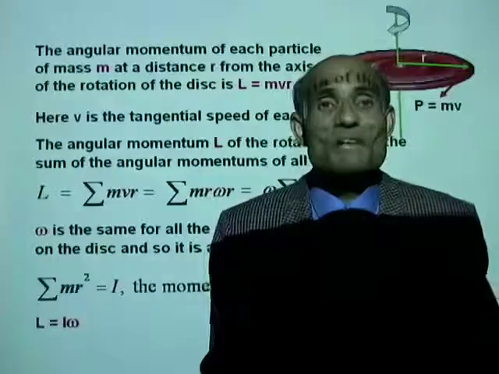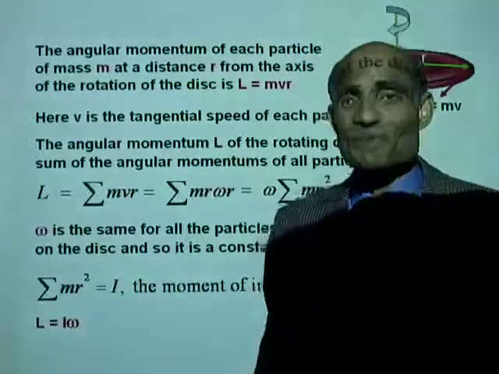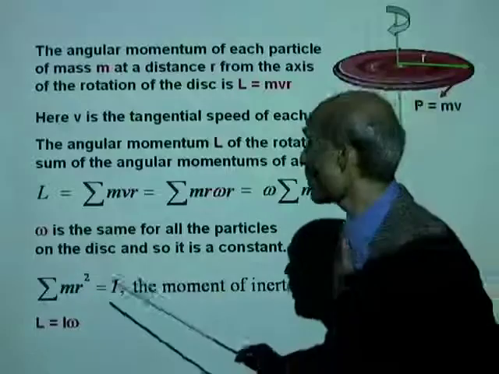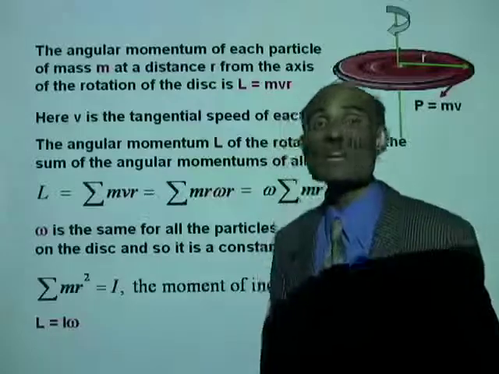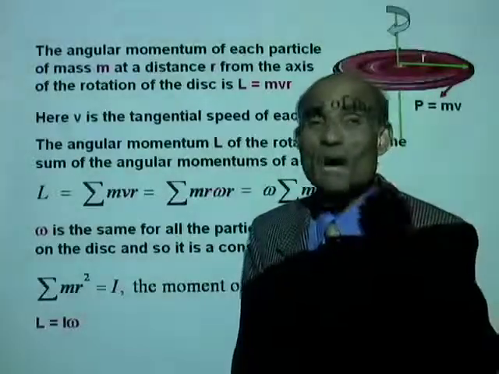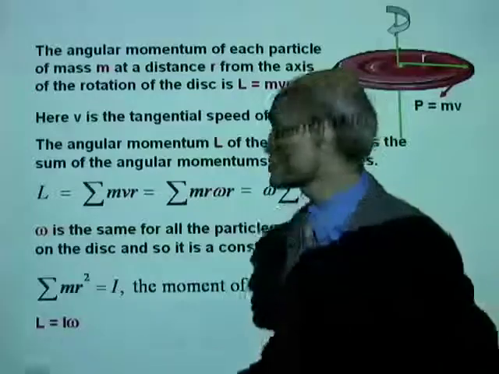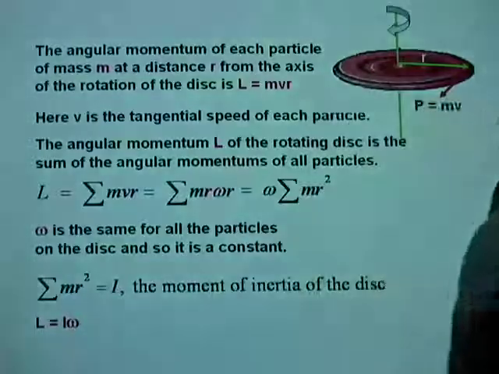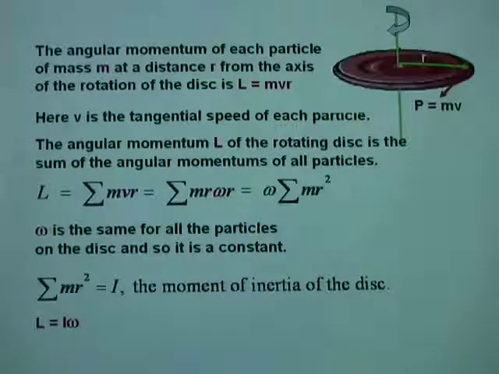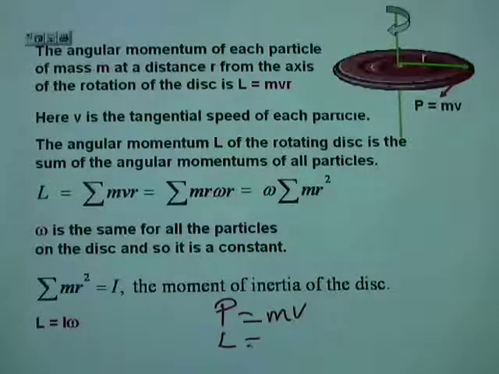The angular momentum of rotational motion is I omega, where I is the moment of inertia of the particle about the axis of rotation and omega is its angular velocity. Now, how does it compare with the equation for linear momentum? You know that linear momentum p equal to mv and angular momentum L equal to I omega.